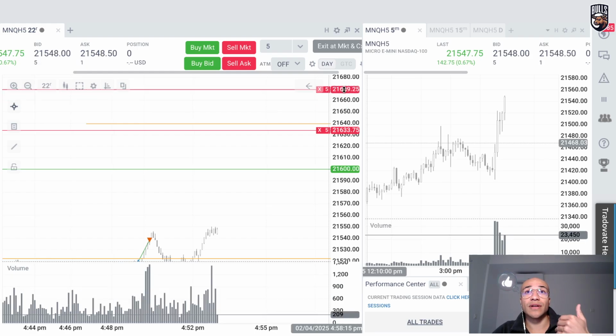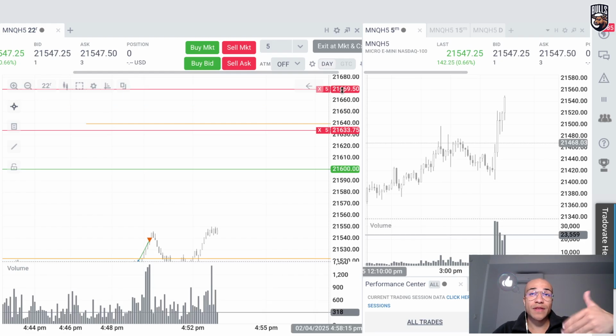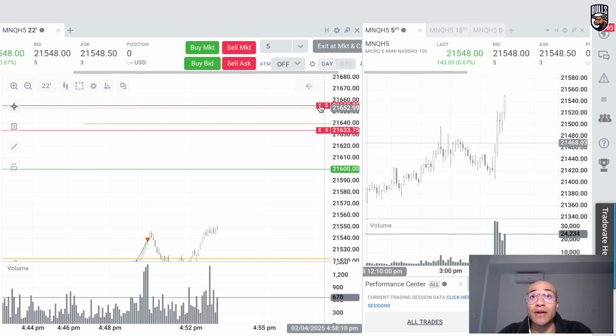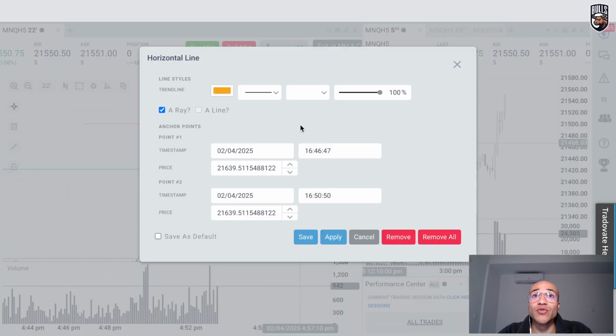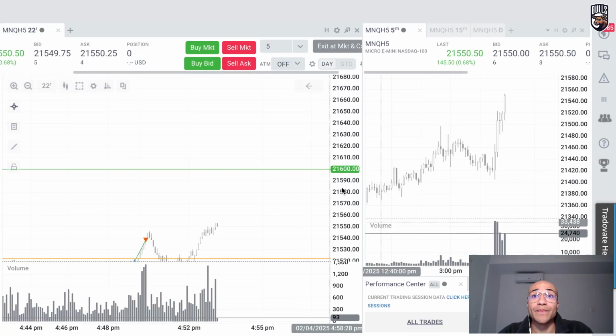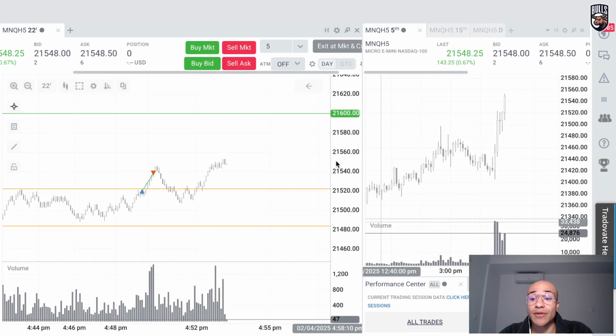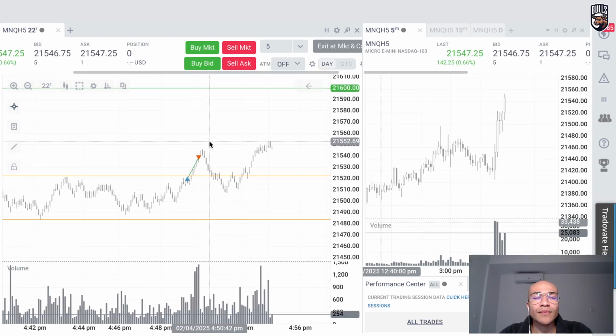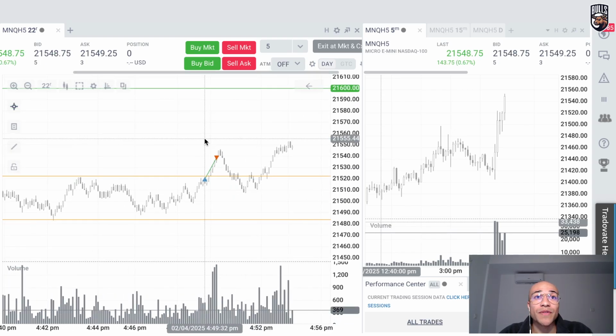Then moving the take profit further away is also just good to increase the gains that you can make on that specific trade. So these are the two reasons why I move my take profit further from where I initially had it. So now let's look at what happened here with the trade.